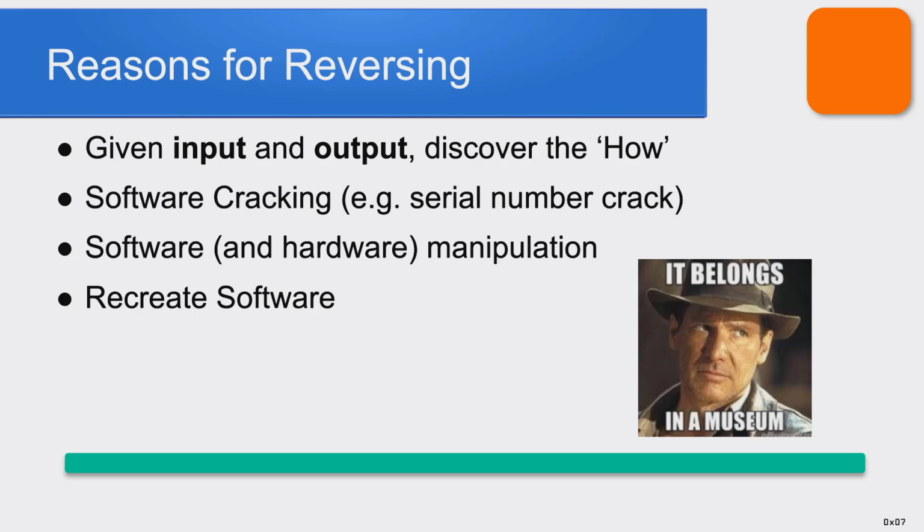Another reason for reversing is software and hardware manipulation. Software manipulation is what I'm going to get a little bit into in this brief. Hardware manipulation, the closest thing I can relate to is way back when I decided I wanted to build myself a guitar amplifier, because I've played guitar for a number of years, and I didn't have money for an amplifier, so I decided I'd build one out of 2 stereos.